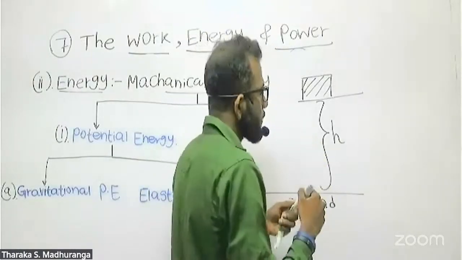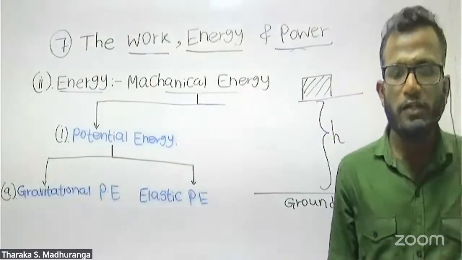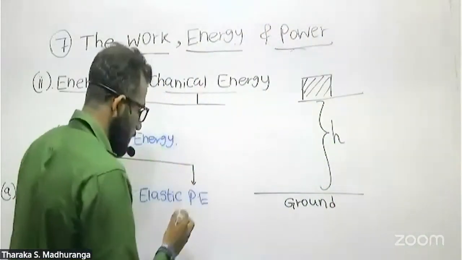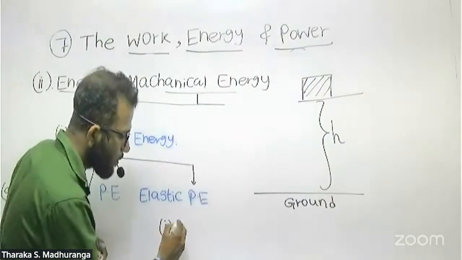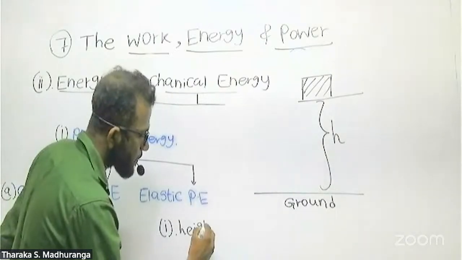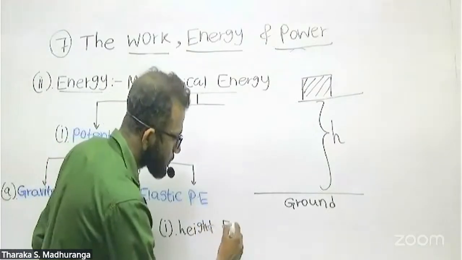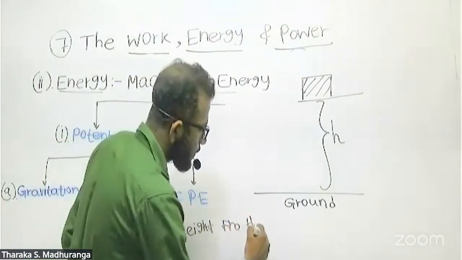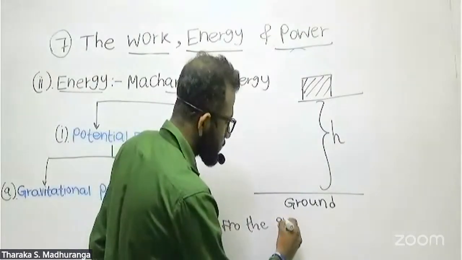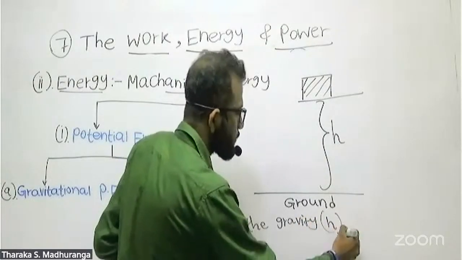Write down the first factor: height from the gravity level, within brackets h.